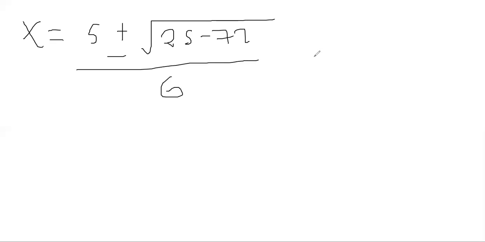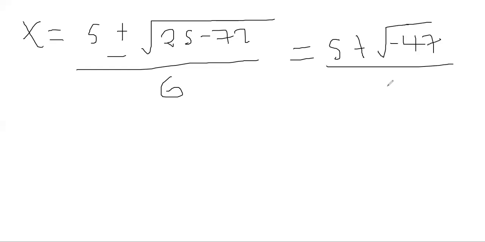So this will give us 5 plus or minus the square root of minus 47, all over 6.